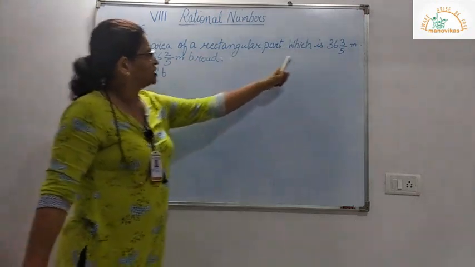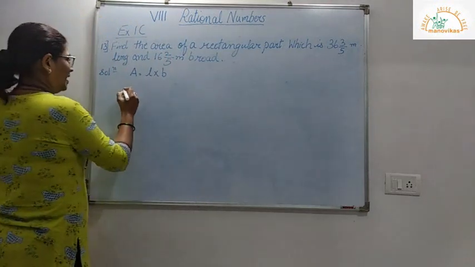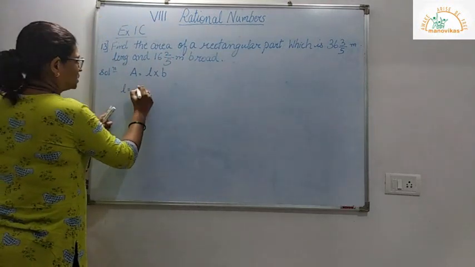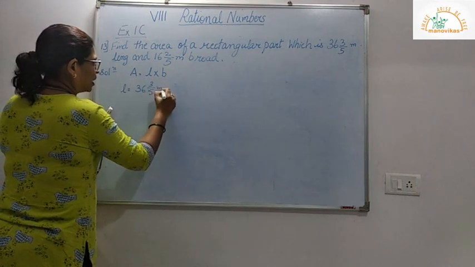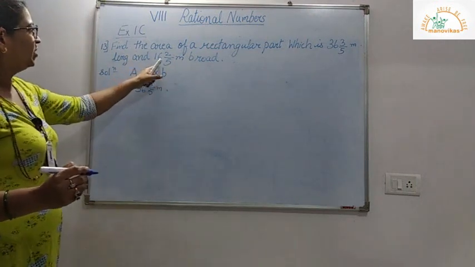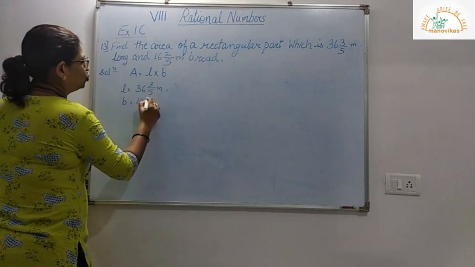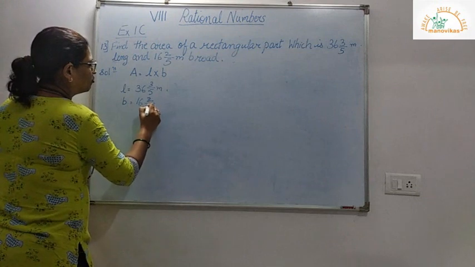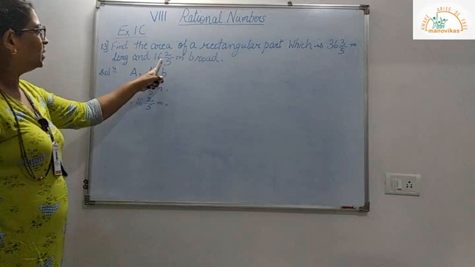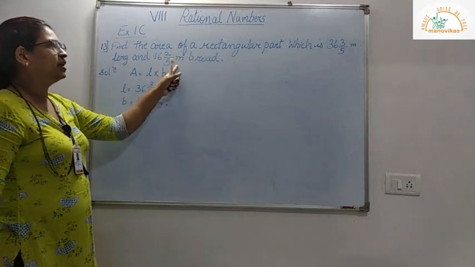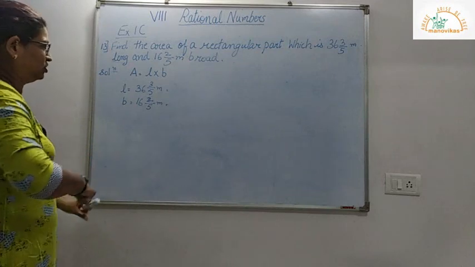Now they have given it is 36 3/5 meters long, so that is our length L, which is 36 3/5, and breadth is given as 16 2/5 meters broad.